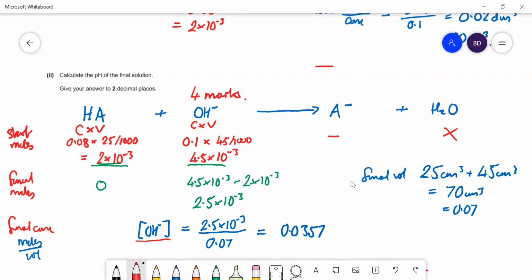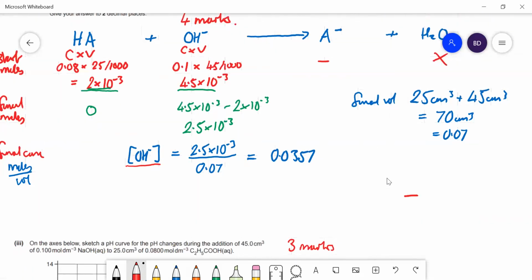Now, how can we work out the pH from the hydroxide ion concentration? We've got to use our Kw expression. So we'll do this down here. Kw is equal to 1.0 times 10 to the minus 14 from the data book, and we know that it's equal to the concentration of H plus times OH minus.